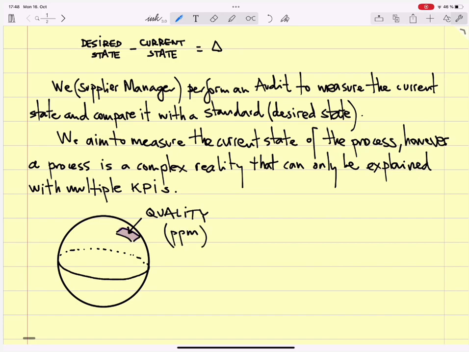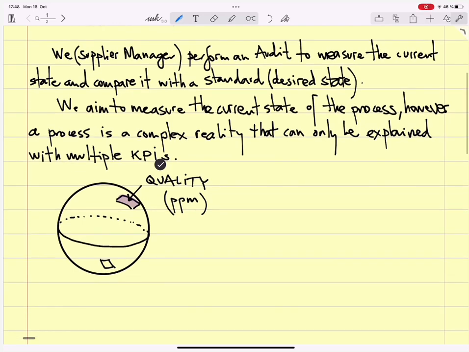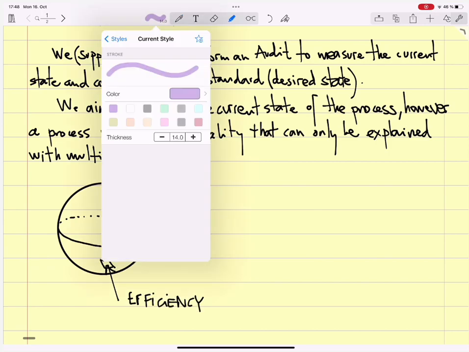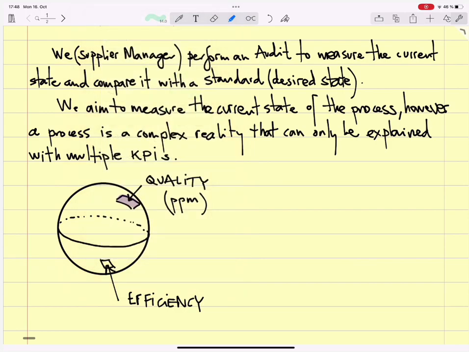Or you can look at it from the perspective of efficiency. Right? And then you measure the HPU, hours per unit. And all these you should already know from our past lectures in the previous semesters.